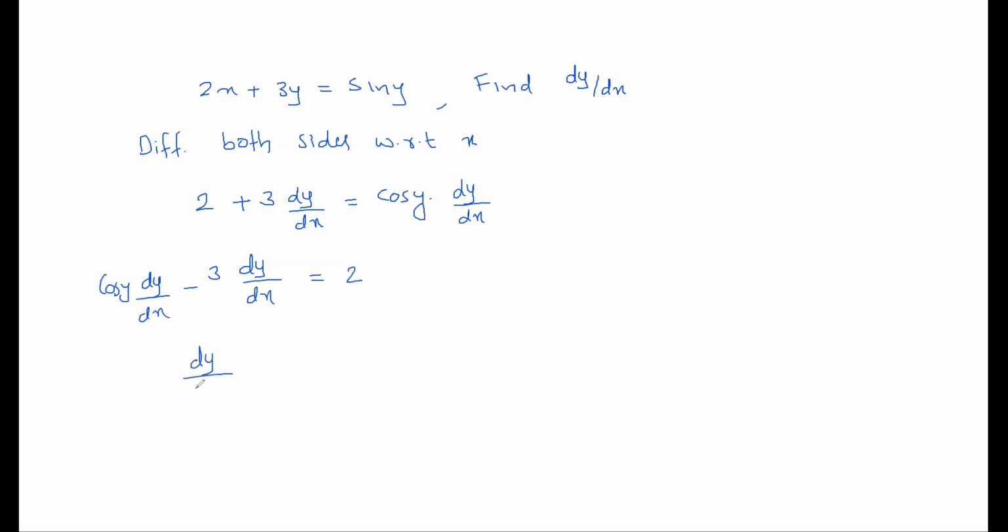If you take dy by dx common, 3 minus cos y, this is equal to 2. So from there you will get dy by dx is equal to 2 divided by 3 minus cos y. So you got the derivative.